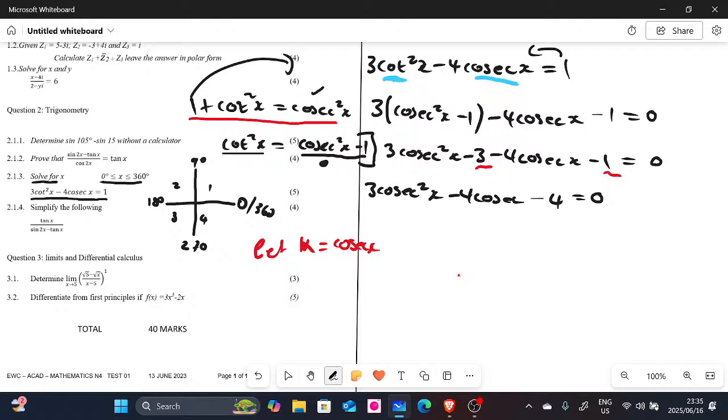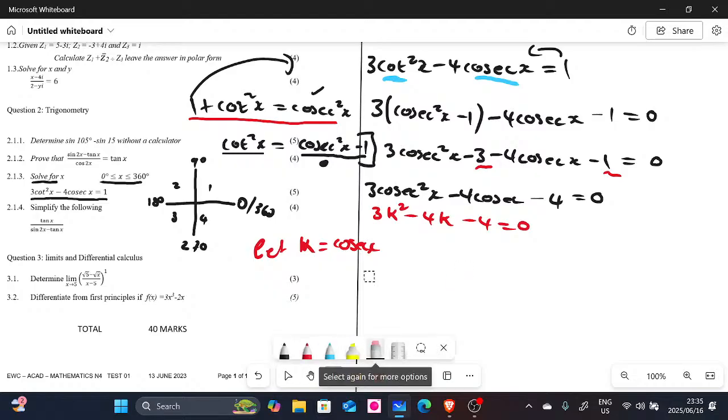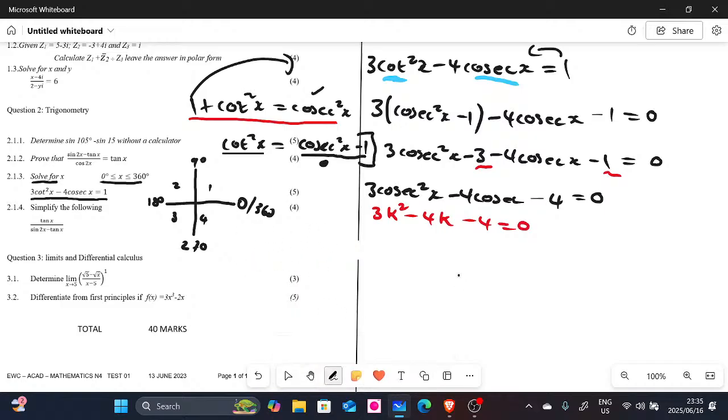So wherever there is cosec, you write k, but this one is squared, so you write 3k squared minus 4k minus 4 equals 0. You can use this method if you really can't see them, but I'm not going to use it because it's too long and we don't have enough time. Our mic is going to die on us.